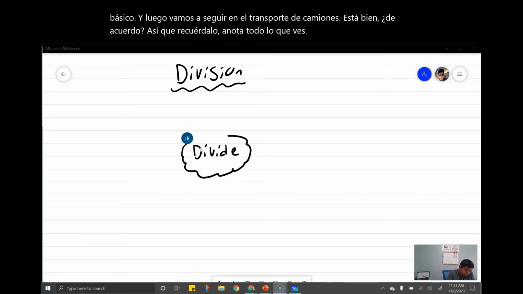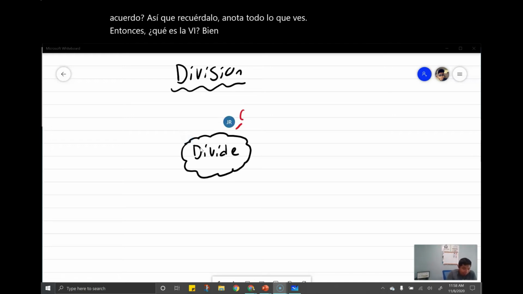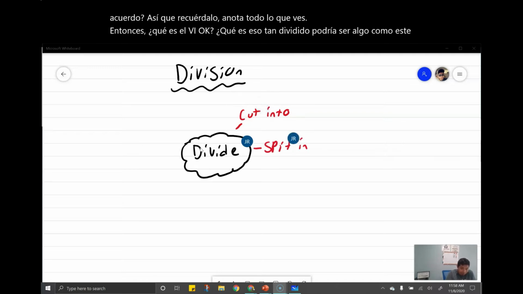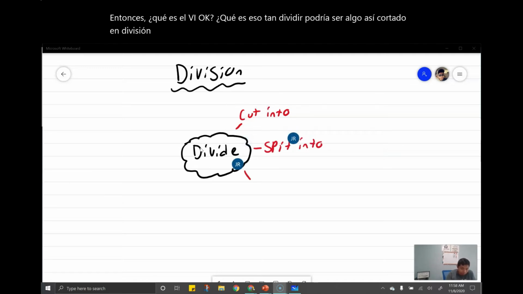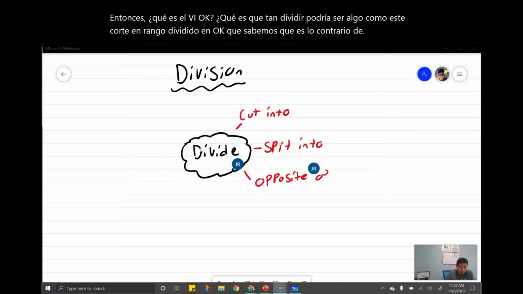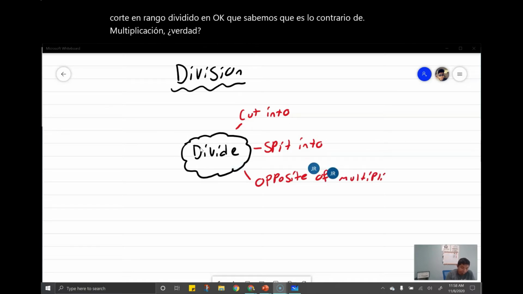So what is divide, okay? What is that? So divide could be anything like that's cut into, right? Split into, okay? We know that's the opposite of multiplication, right? Okay, what else?